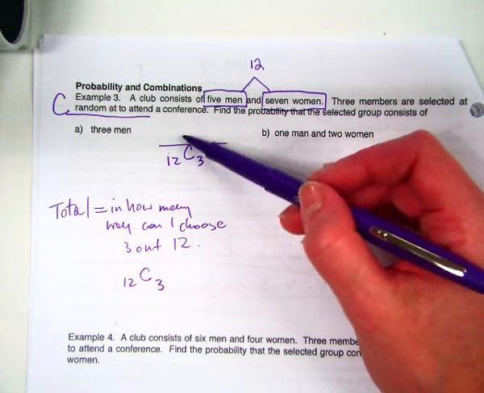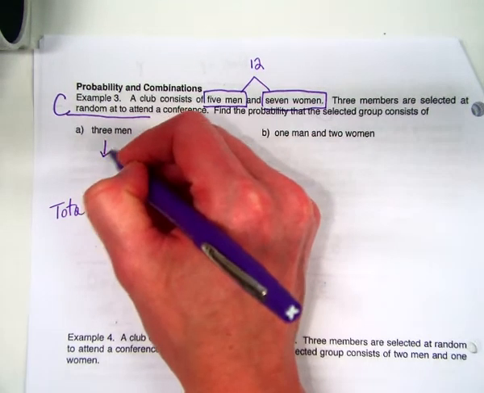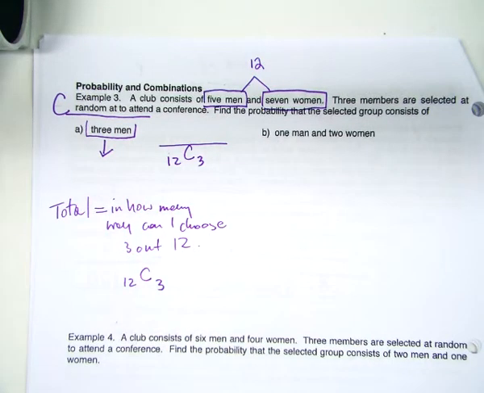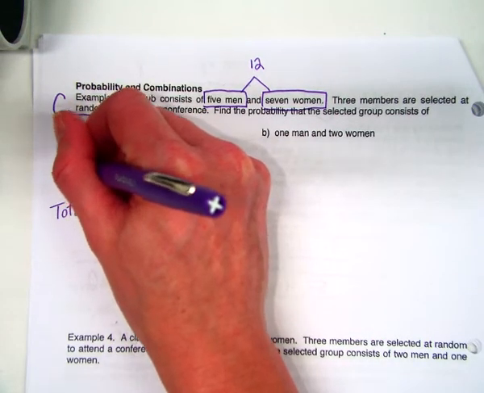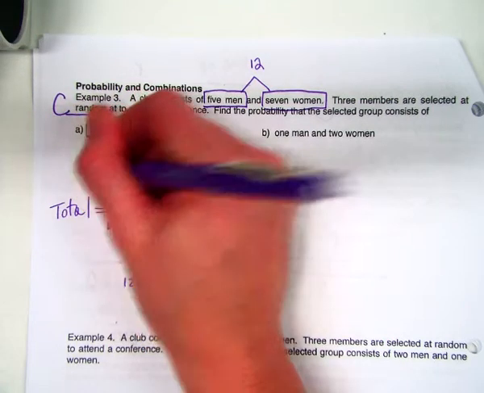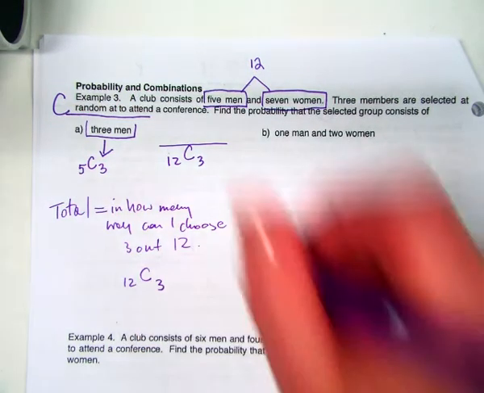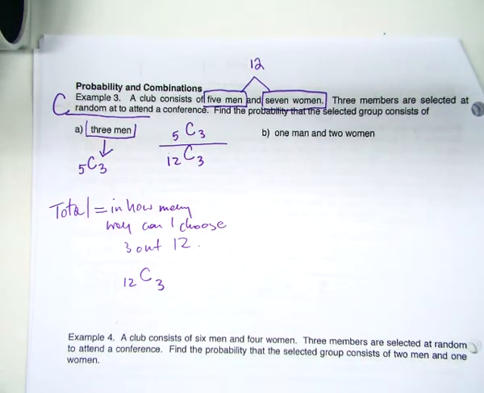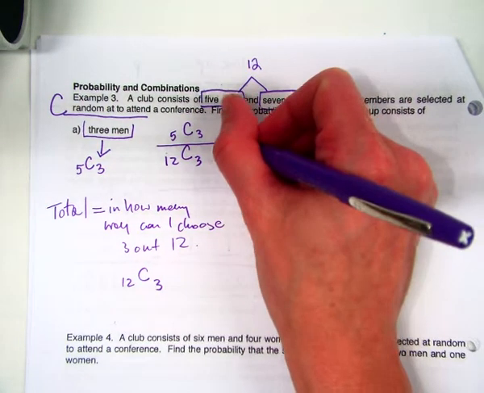So for my top part right here, the specific case is it has to be 3 men. How many men do we have to pick from? 5. So for the 3 men, for the top part, it's 5, choose 3. That's my numerator. So let's figure out the top number.